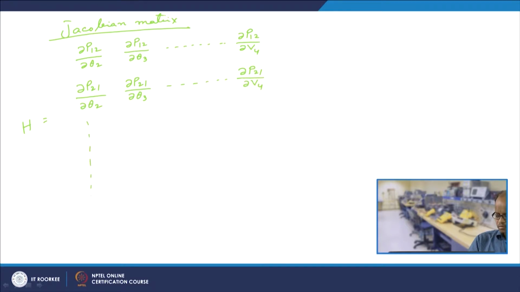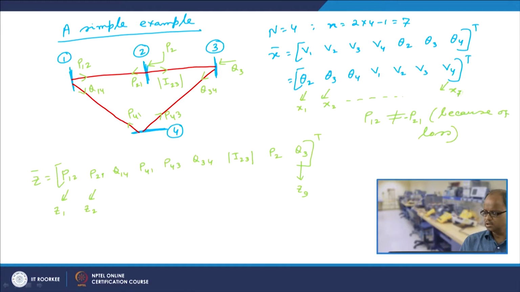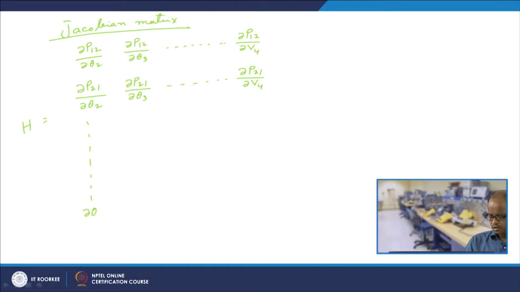The last row is del Q3 by del theta 2, del Q3 by del theta 3, and so on up to del Q3 by del V4. This would be the Jacobian matrix.